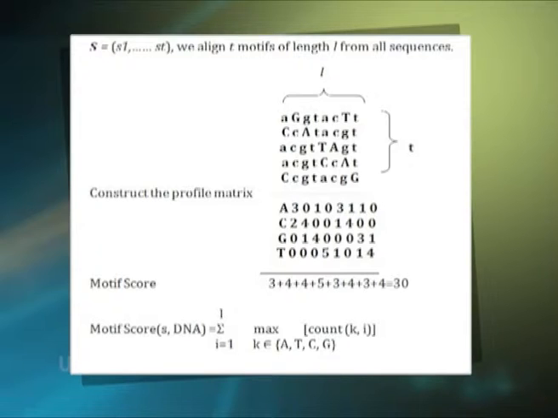Motif score would be 3 plus 4 plus 4 plus 5 plus 3 plus 4 plus 3 plus 4, which equals 30. Motif score S for DNA is sigma max, count Ki. Here count Ki represents the frequency of nucleotide K in the motif starting at Si.